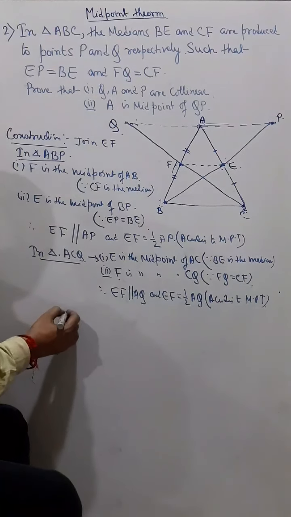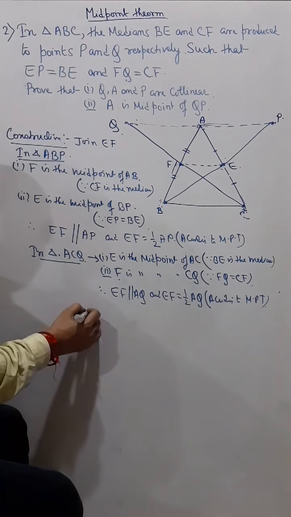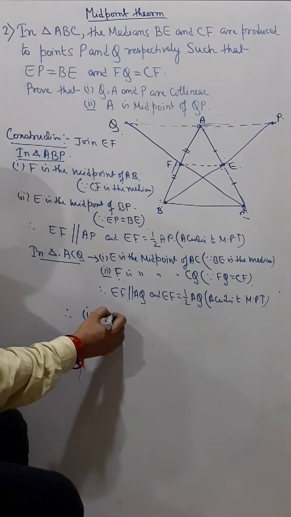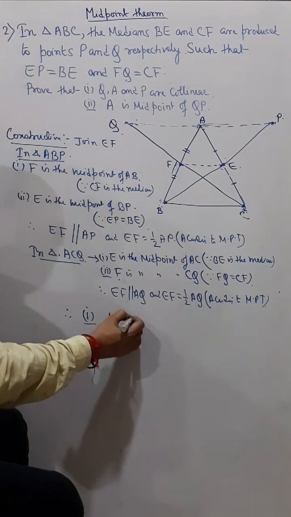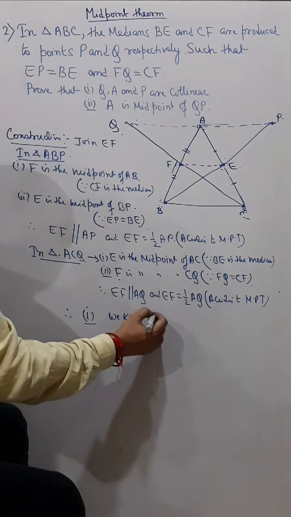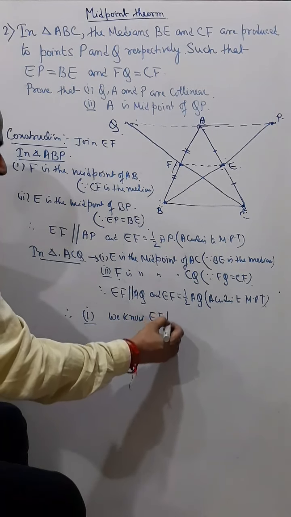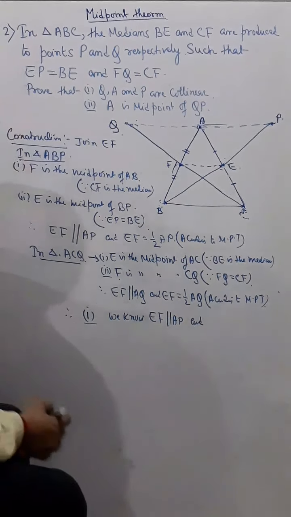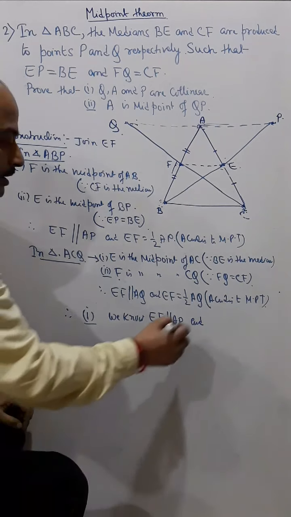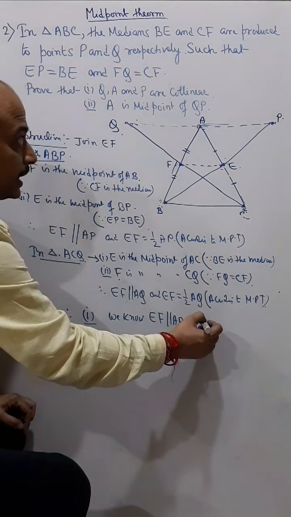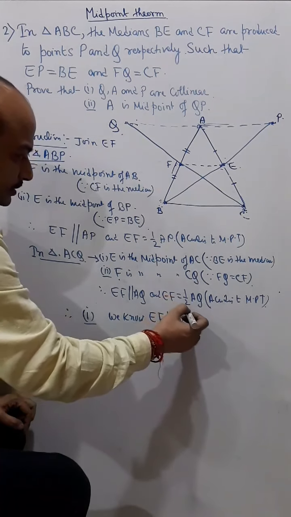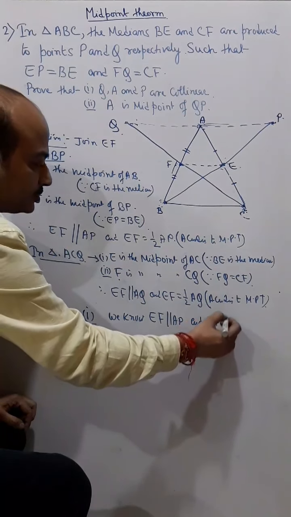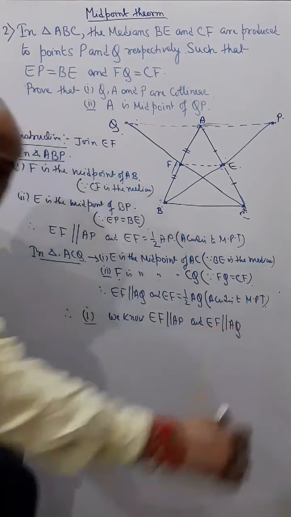Okay, now what you have to prove? Number 1. Now we can say that we know that EF is parallel to AP and EF is also parallel to AQ, right?